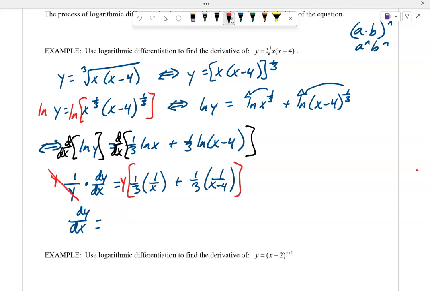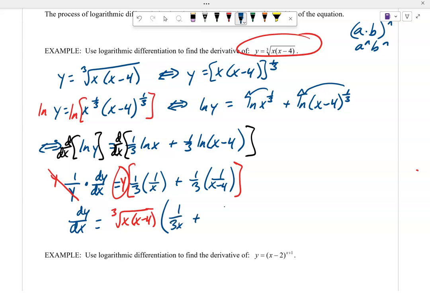Let me write the y in. Well, who is y? Remember, y was the 3rd root of x times x minus 4. So I go ahead and substitute it in. And then times 1 over 3x plus 1 over 3x minus 4. We'll stop right there.